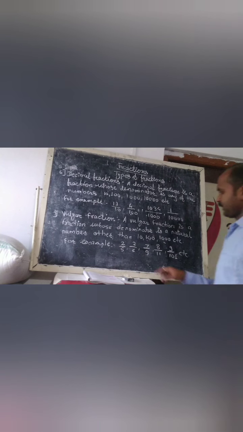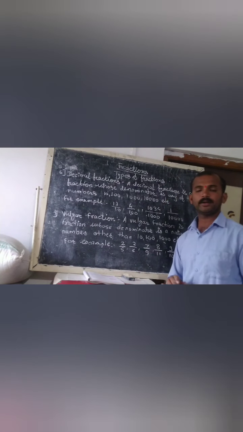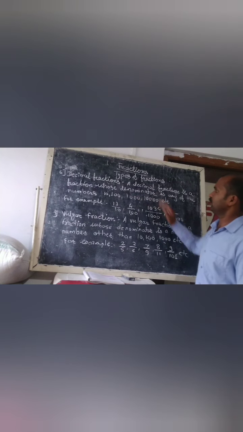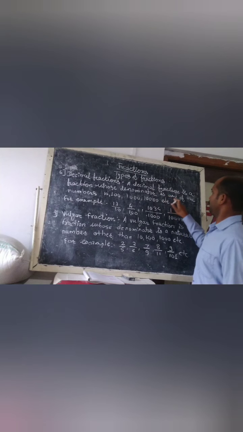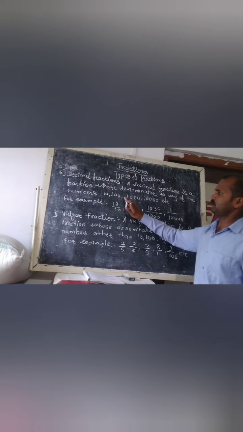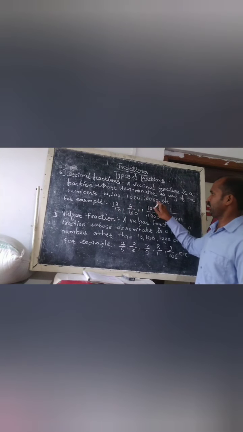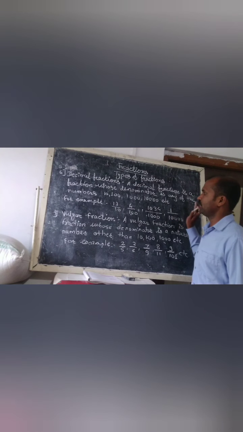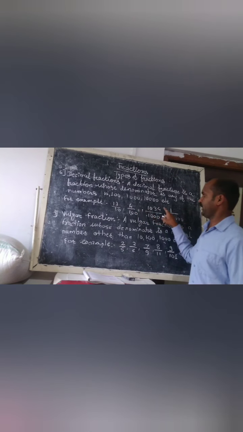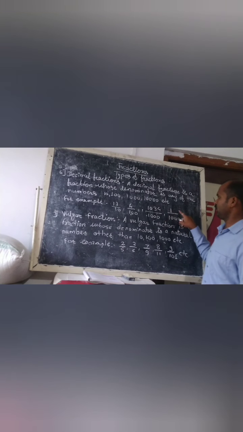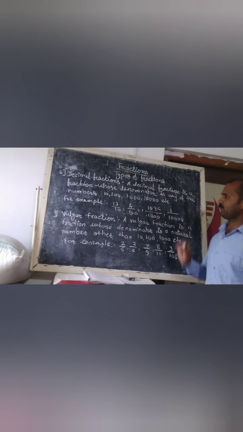Here is the next type of fraction, the sixth type, decimal fraction. A decimal fraction is a fraction whose denominator is any of the numbers 10, 100, 1000, 10,000 and so on. For example, 13 upon 10, 4 upon 100, 1034 upon 1000, 1 upon 10,000. These all are decimal fractions.